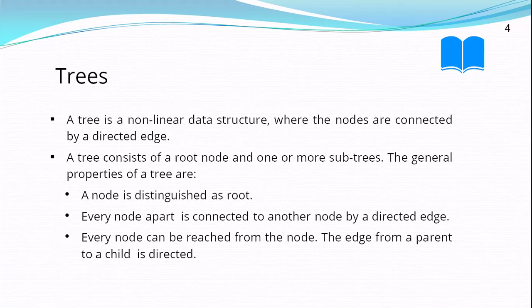We're typically moving down from a root node all the way to a leaf node. So I can give you a definition of a tree. It consists of a root node and one or more subtrees.